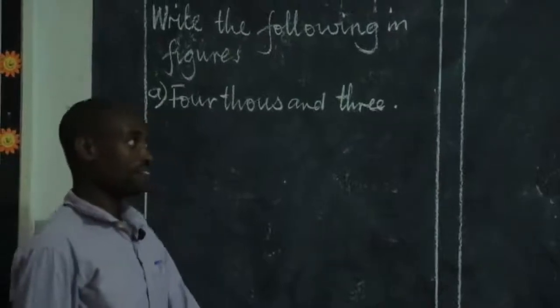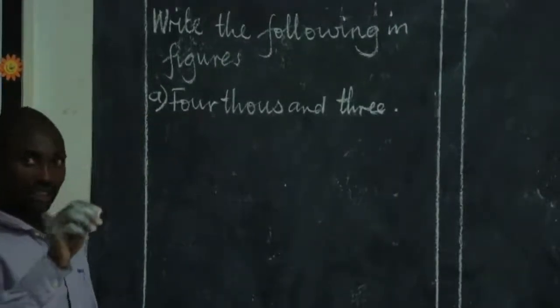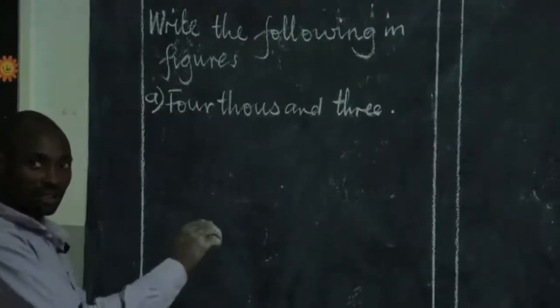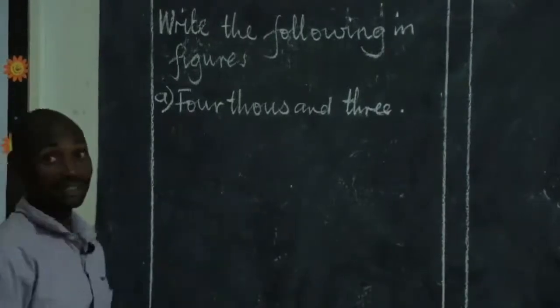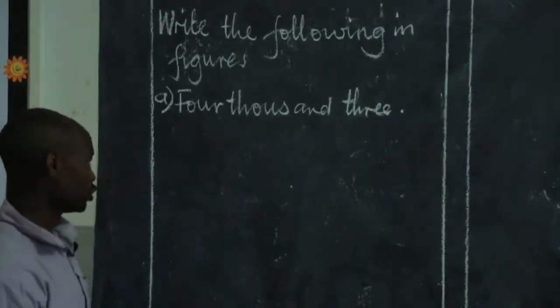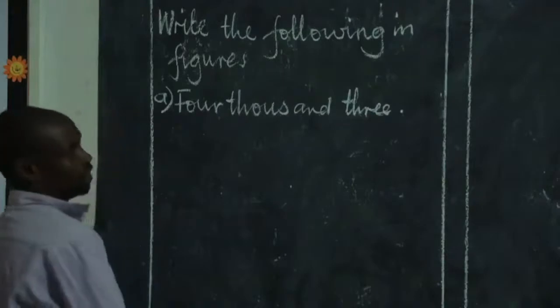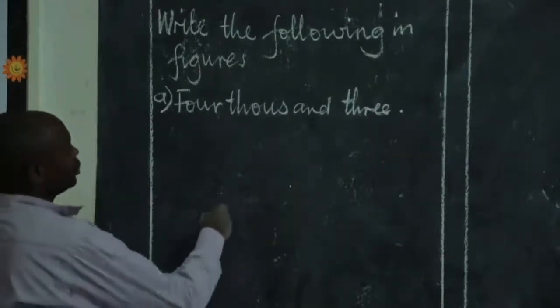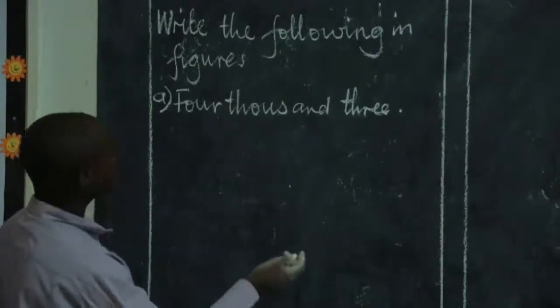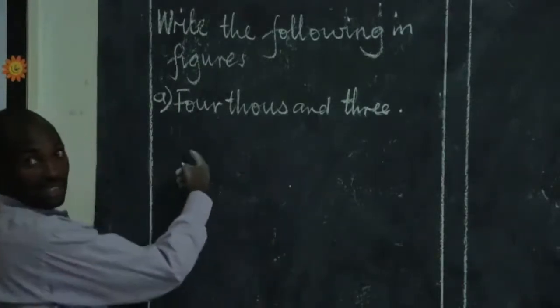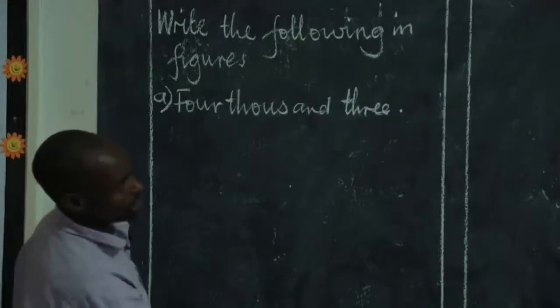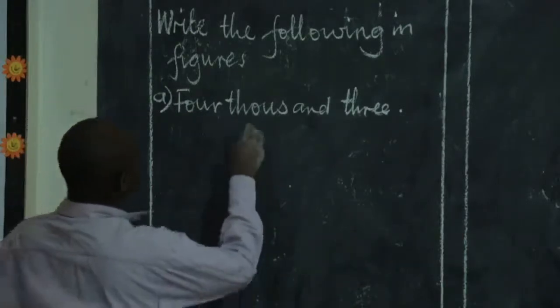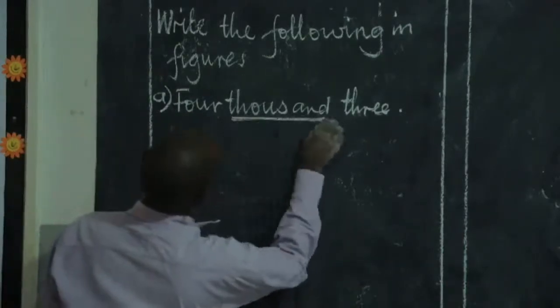If you remember the divisions I told you, the units, the thousands, the millions, then this one is going to be very simple for you. So, can you look for those divisions I told you? Do we have a number in millions? I don't see any word million here. Do we have numbers under thousands? Yes, I can see the word thousand here.